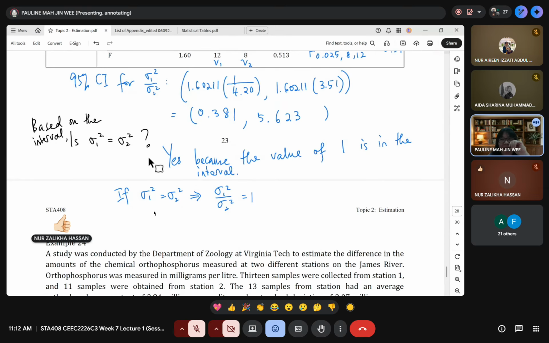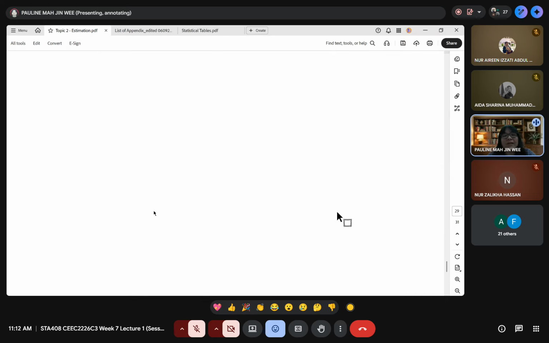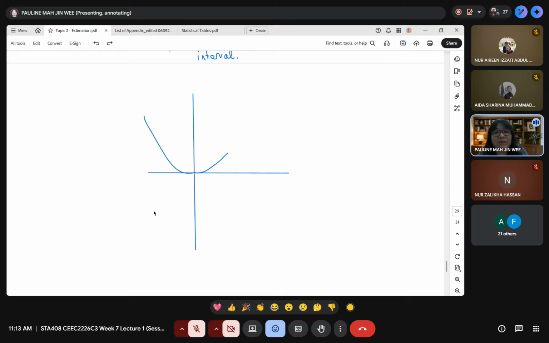Now, this is what happens when you look at this graph. Let me show you this. Let me insert a page. I want to draw something. This is your y equals x squared graph.